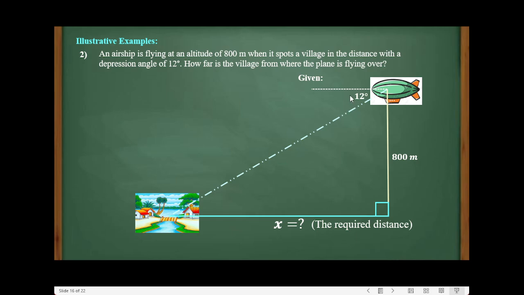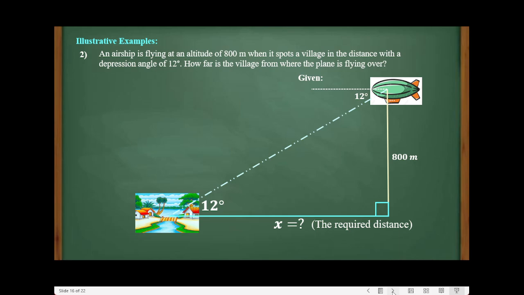And under the principles of parallelism, these two angles are congruent. So it follows that if this is 12, this angle right here is also 12 degrees. And with that, we have already labeled the necessary given parts in order to find the required unknown, which is the distance of the two places, the village and the place where this airship is flying over.